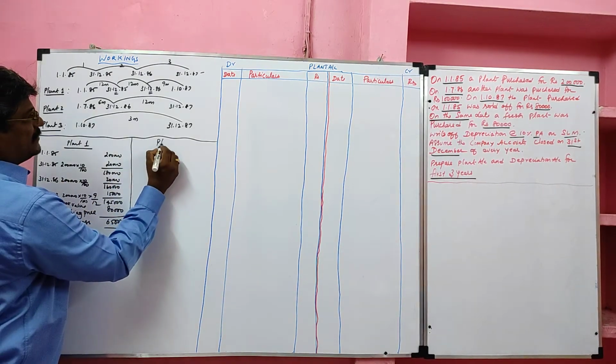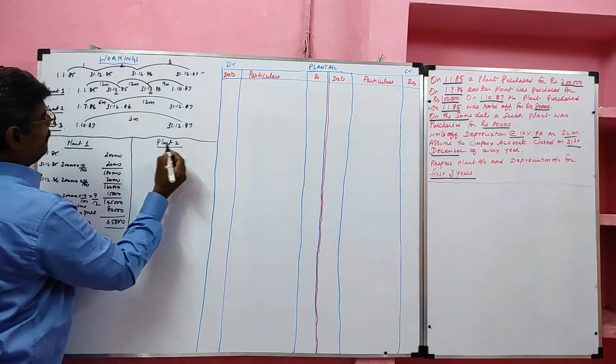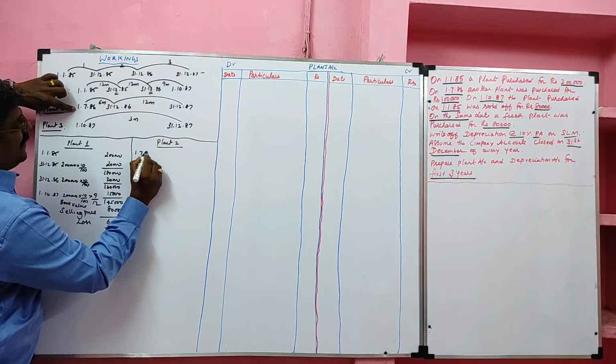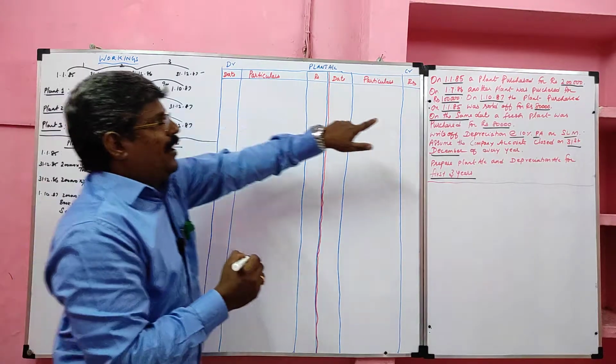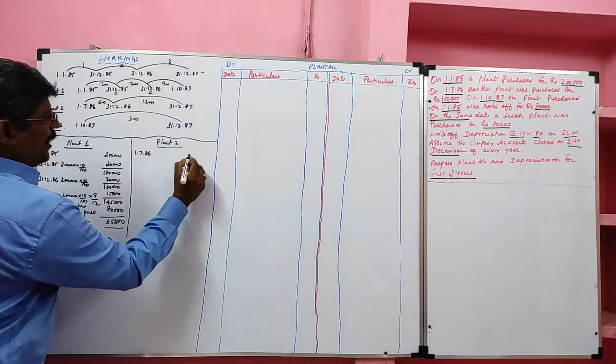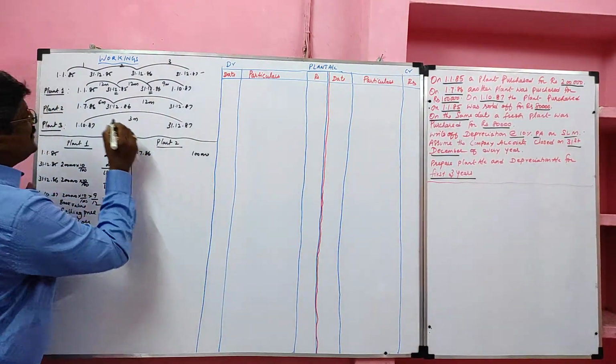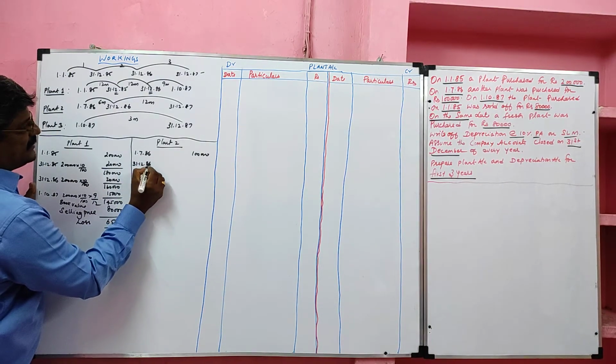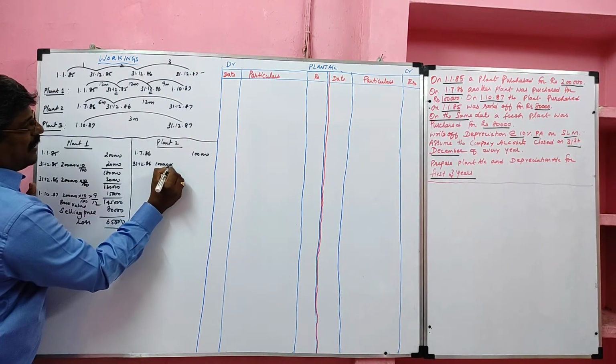Then plant 2 working. Plant 2 was purchased on 1/7/86. They bought it for 1 lakh rupees. Its dates we already calculated. On 31st December 86, on 1 lakh we have to provide 10% depreciation.